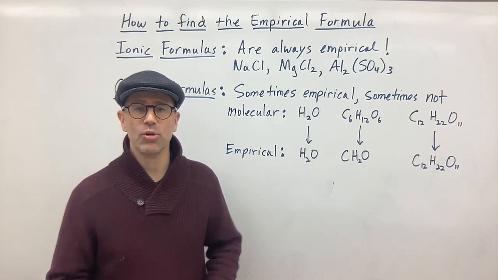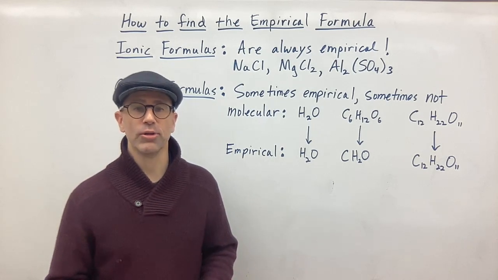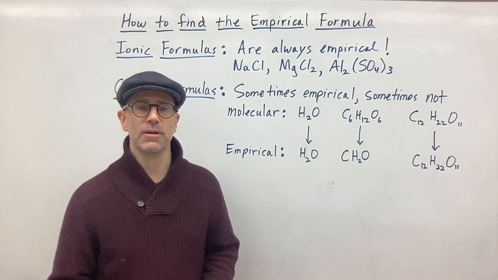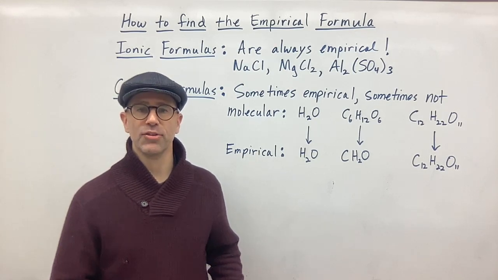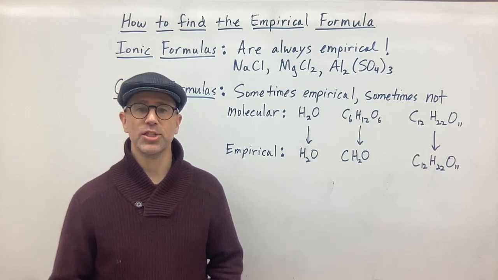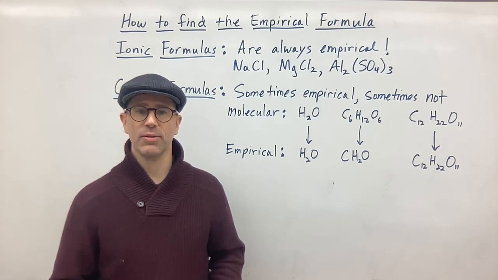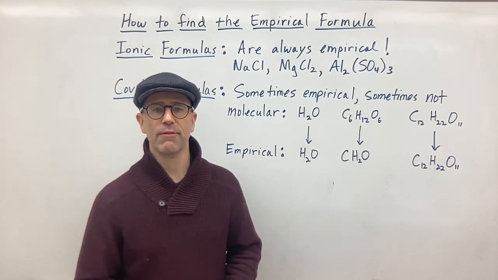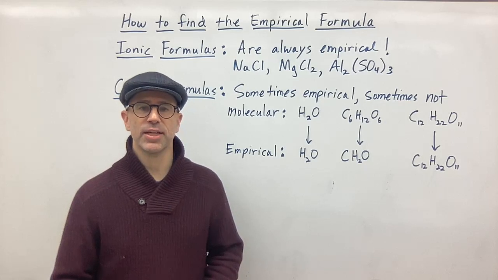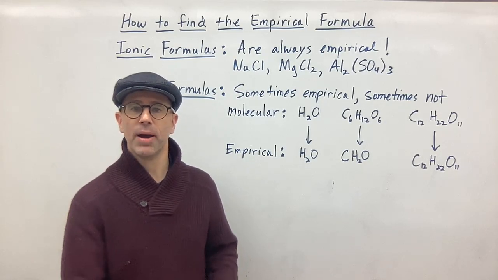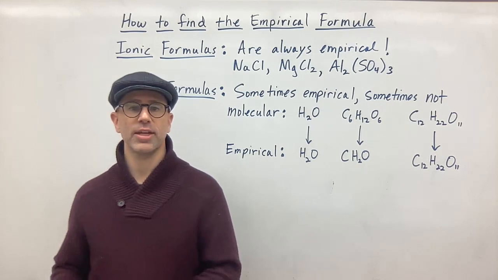There's no distinct molecule you can point to, since it's a three-dimensional crystal structure of alternating positive and negative charges. Since we can't pick out what the actual molecule is, we don't use the word molecule, we just say a formula unit. That formula unit ends up being the ratio of the positive ion to the negative ion.